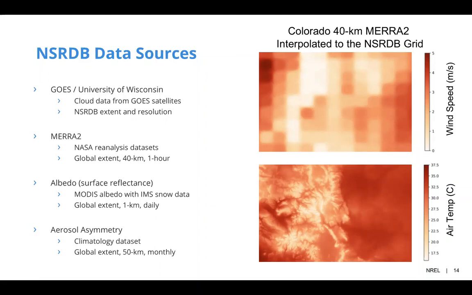We get albedo from a couple of other publicly available satellite data sets. And then we have some climatology data to make predictions of aerosols that are needed for the irradiance calculation. All of this is run through the physical solar model developed here at NREL and provides irradiance as well as all of these input variables at the 4 kilometer, 30 minutes I mentioned earlier.